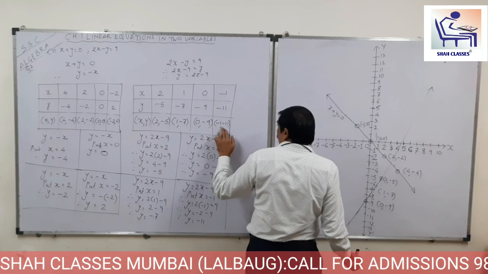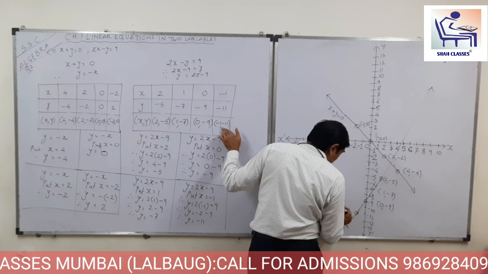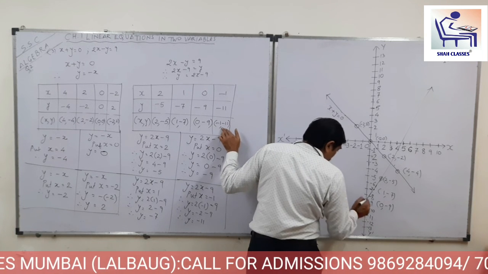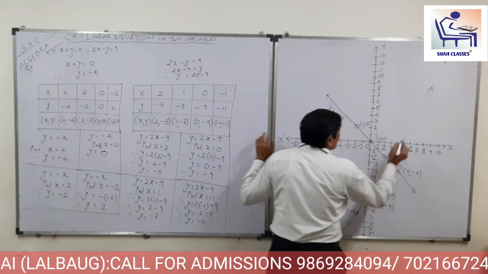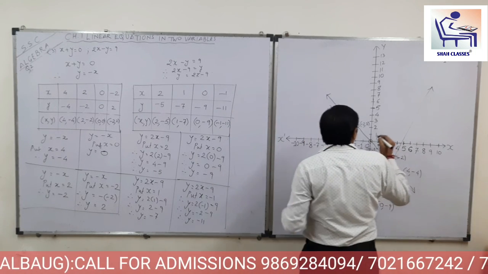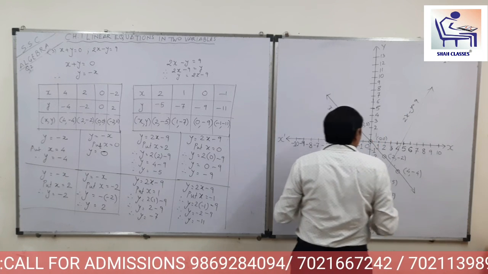You can adjust on your graph paper. Now minus 1 and minus 11. So you got all the 4 points. And now we have to write the naming of the equation. So 2x minus y is equal to 9.